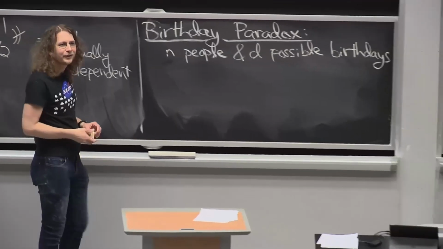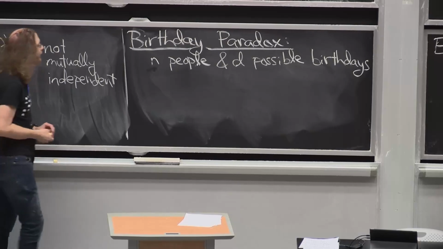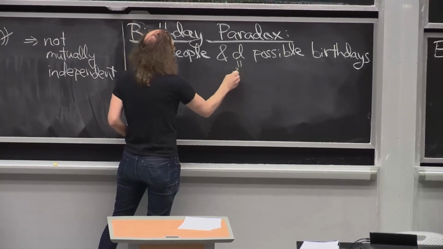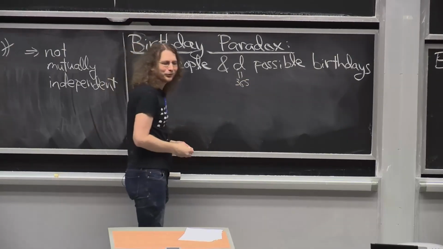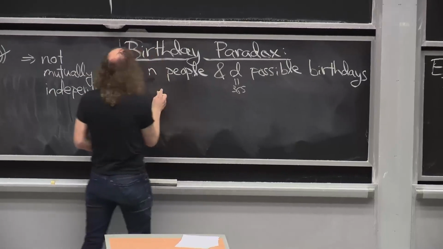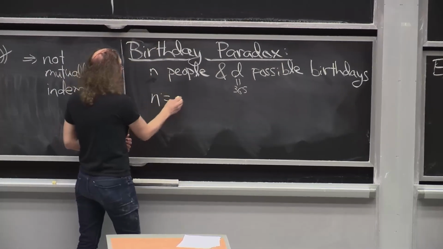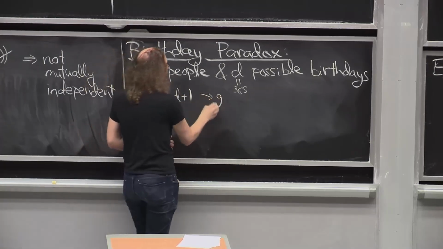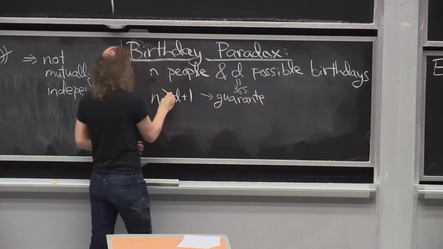Yeah. 366 for a 365-day year, so D here, for example, could be 365. How many days are in a year? All right. So in general, if n equals d plus 1, then we get a guaranteed duplicate. And of course, if it's bigger, also.